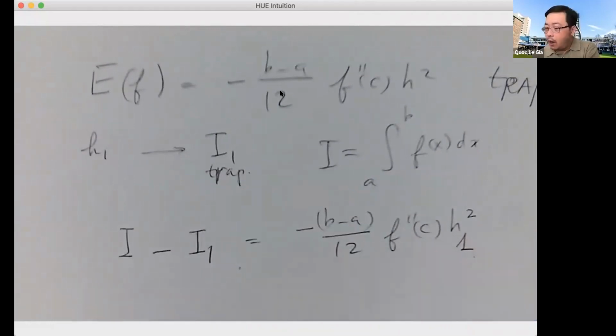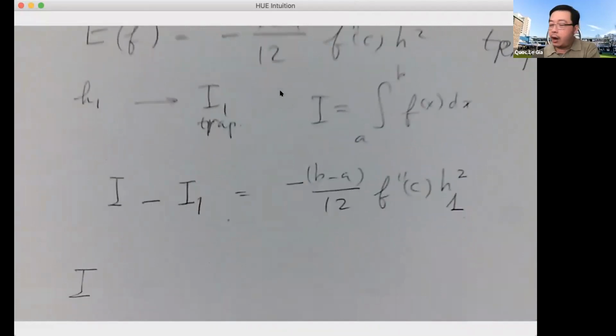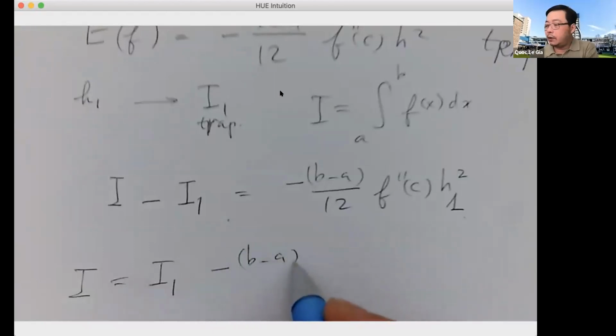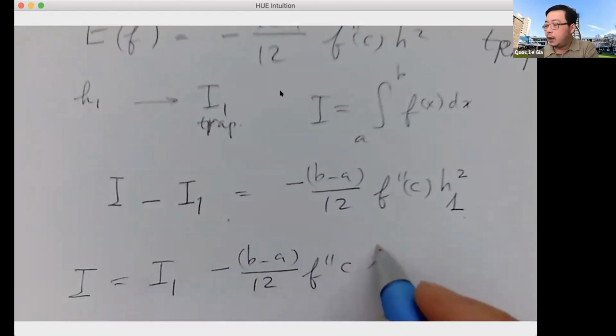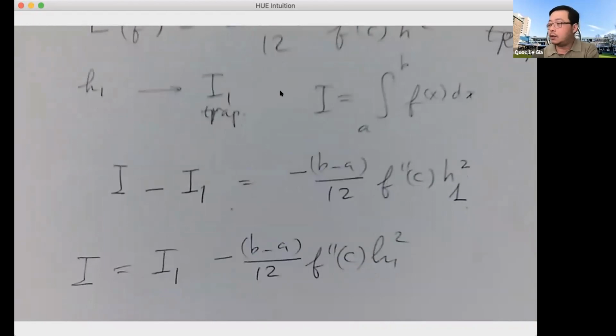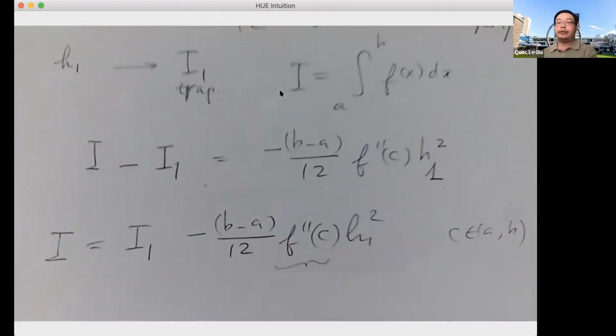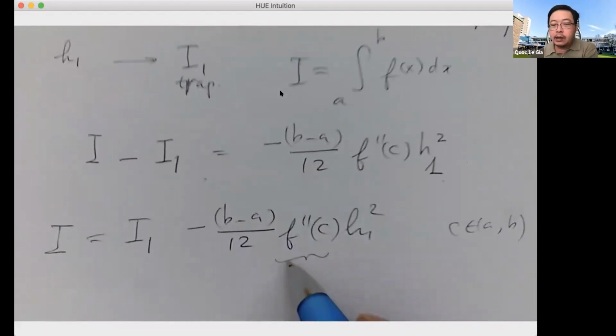Or I can write I equals I1 minus (b minus a) over 12 f double prime of c h1 square, where c is something between a and b. But now let me expand this term using a Taylor expansion for f double prime.